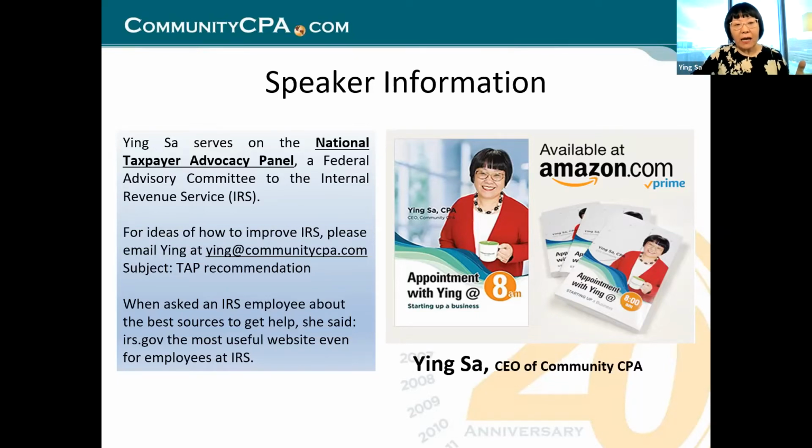And with that, I bragged about my participation with TAP, the Taxpayer Advocacy Panel, and I also have a book on the internet. I'll tell you, I'm starting to gain momentum on the internet for this book. There are a lot of people now buying this book because it says exactly what they need to do when they start a business.